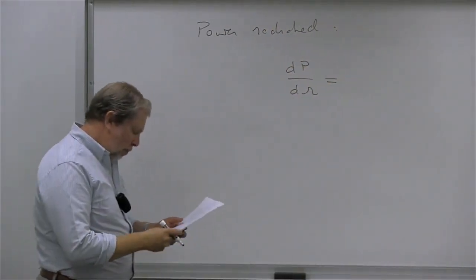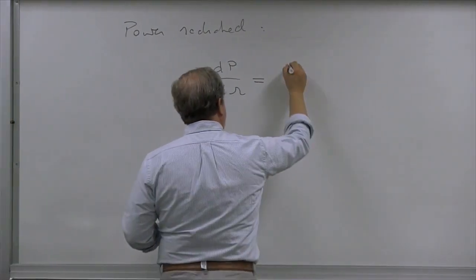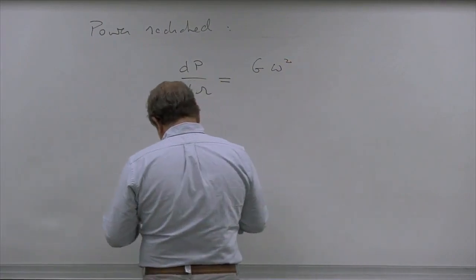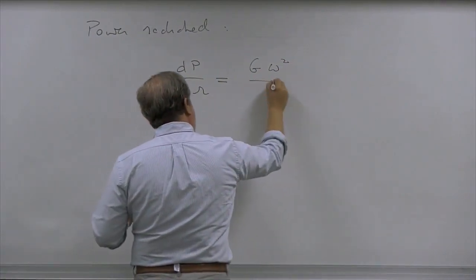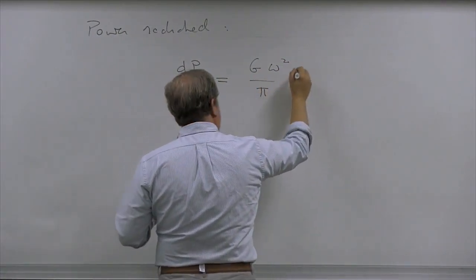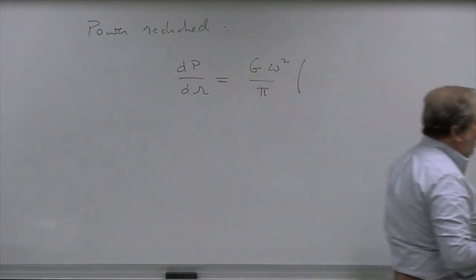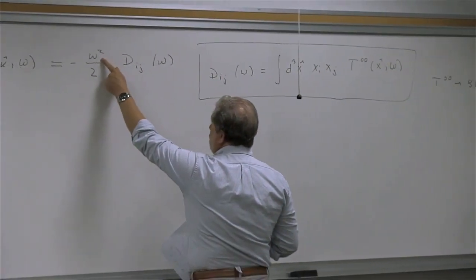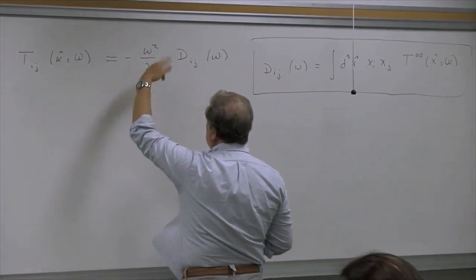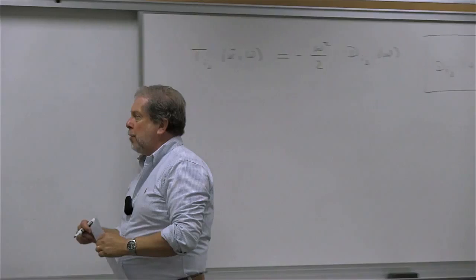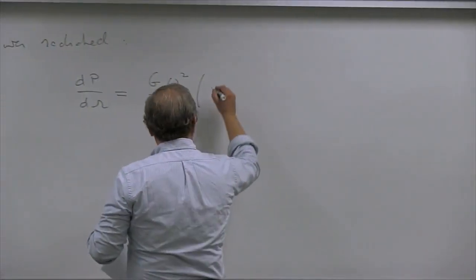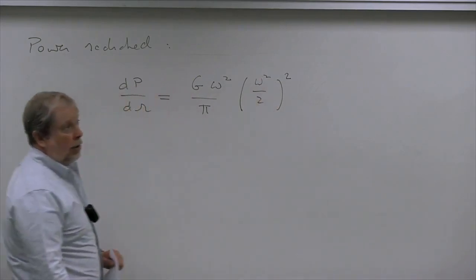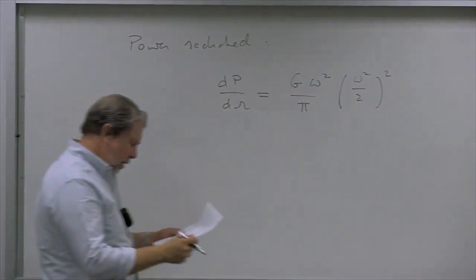Well, it has pretty much the same factors we had before. So it has the G times the omega squared divided by pi times an extra factor which is coming from using this conservation law. So the factor is there for each T, so this gets squared because there's two T's. So it's omega squared divided by 2 and then squared again. So the whole thing now is going to behave like omega to the 6th, right?